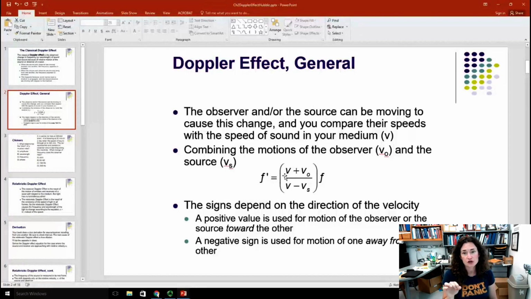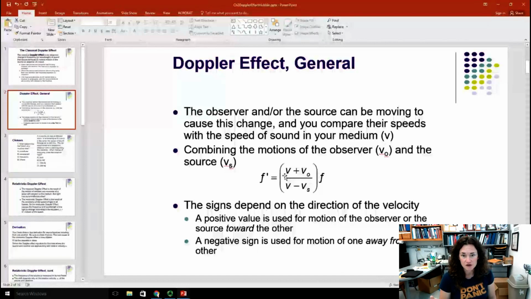Either the observer or the source can be moving to cause the change in the observed pitch of the sound, and then you compare their speeds to the speed of sound in your medium. We'll call the speed of sound in the medium v, the motion of the observer of the sound v sub o, and the motion of the source of the sound v sub s. Okay? So then you have f prime, the observed frequency, is equal to (v plus v_o) divided by (v minus v_s) times the frequency at the source.